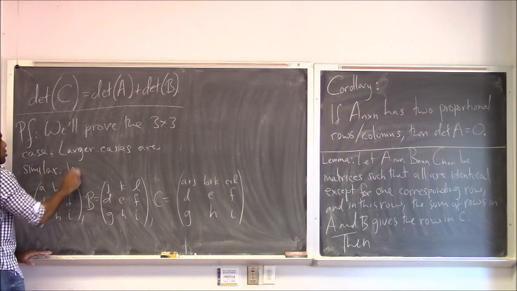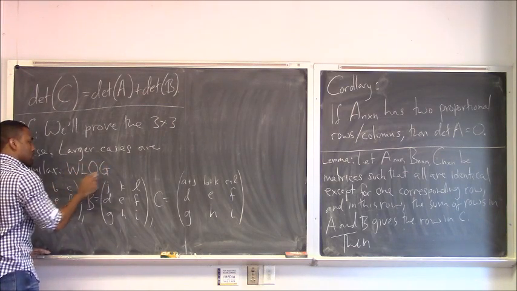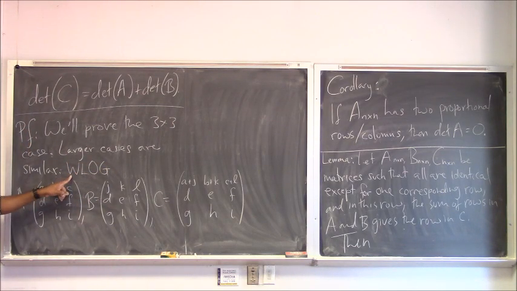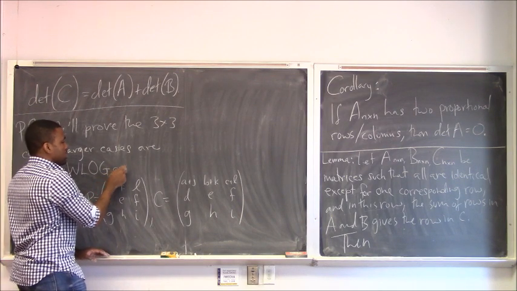So without loss of generality, remember what that means? That's just a phrase that you say when you want to prove it for a special case, but proving for any other case will actually be very similar. So without loss of generality, assume they differ in the first row.